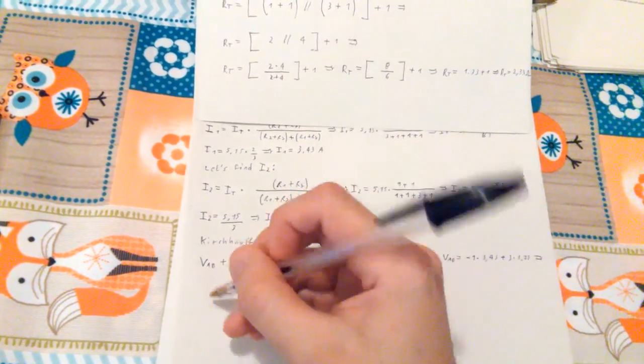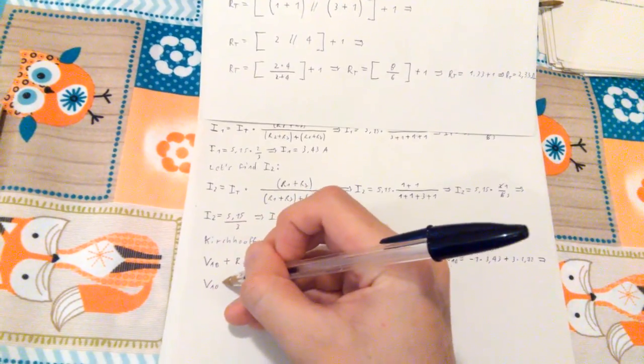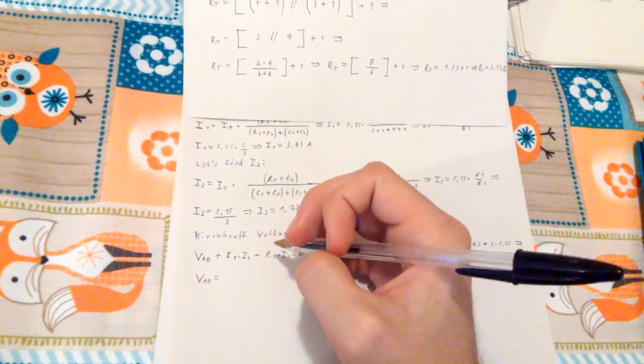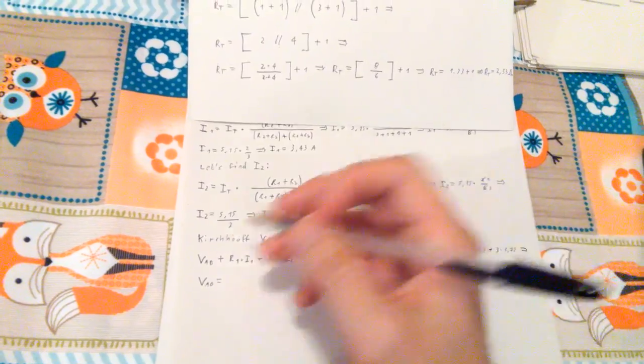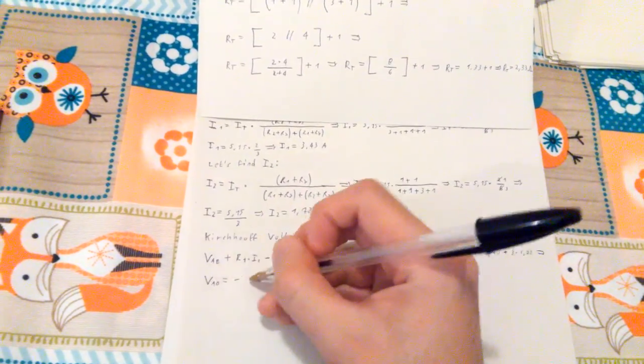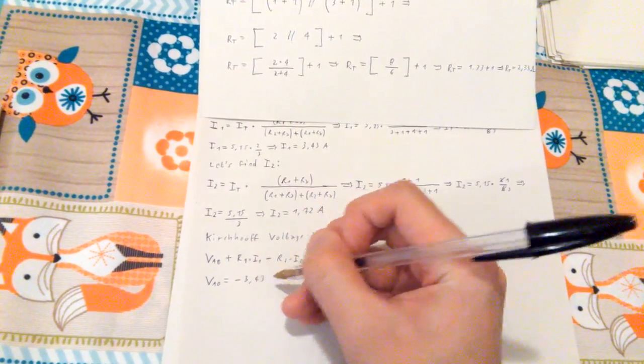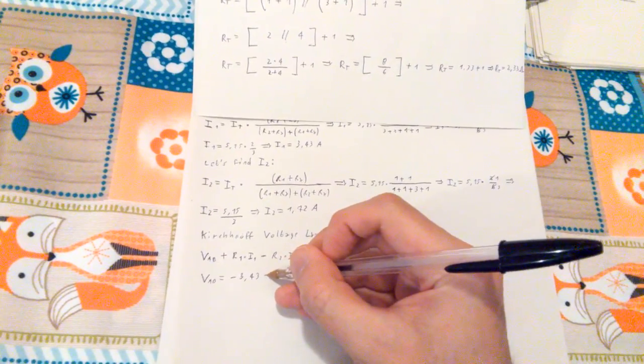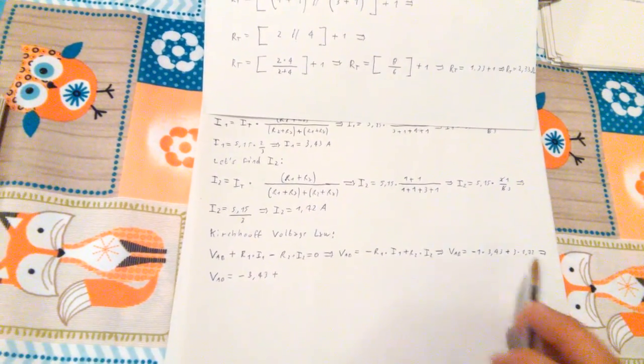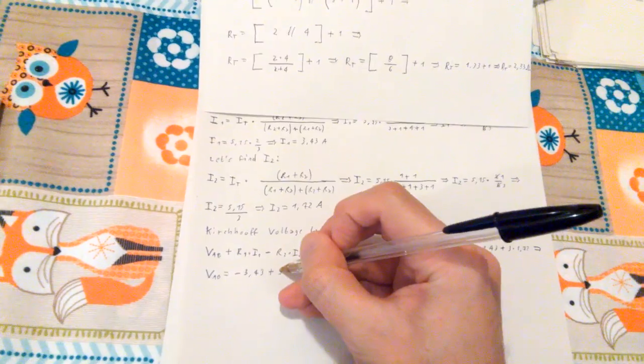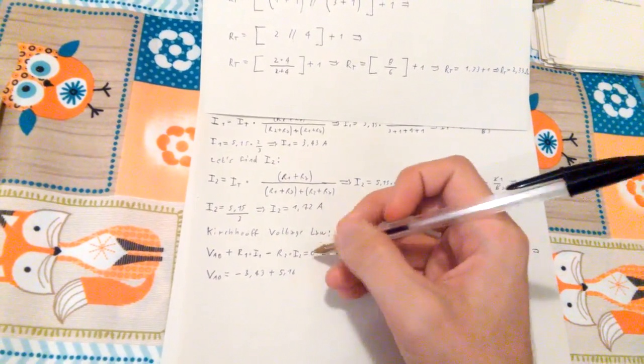So now VAB is going to be equal to, well, this one is still negative 3.43, and this other one, 3 times 1.72, is roughly 5.16, I think.